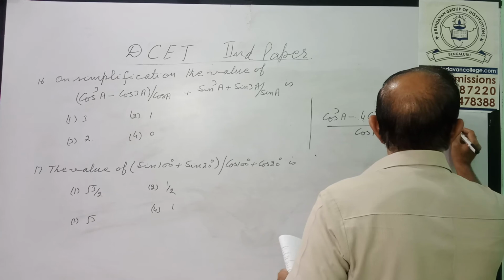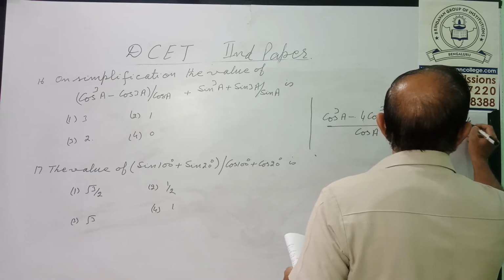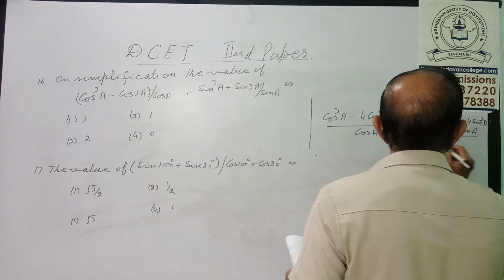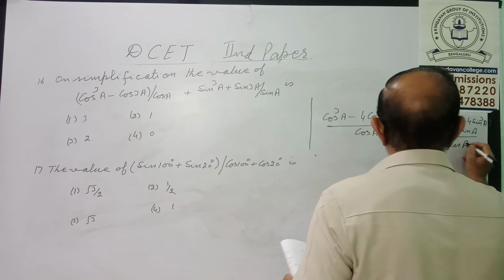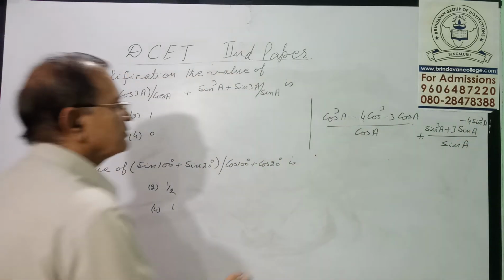Sin 3A is 3 sin A minus 4 sin cube A, over sin A. So these are the two identities which you have to use. Then it comes out to be simple.